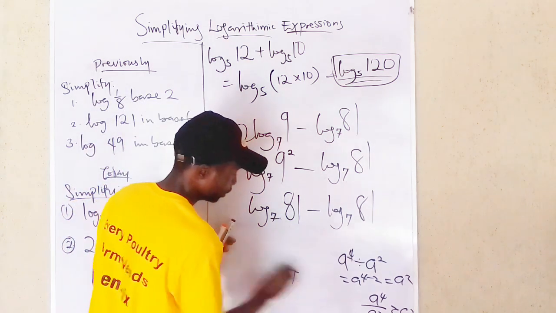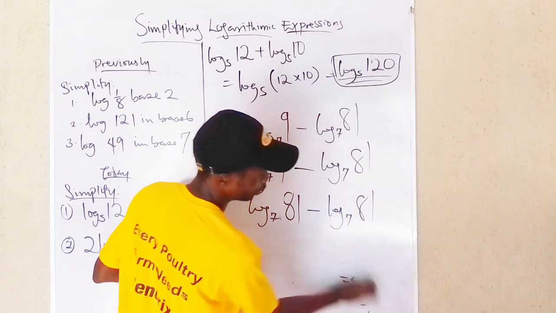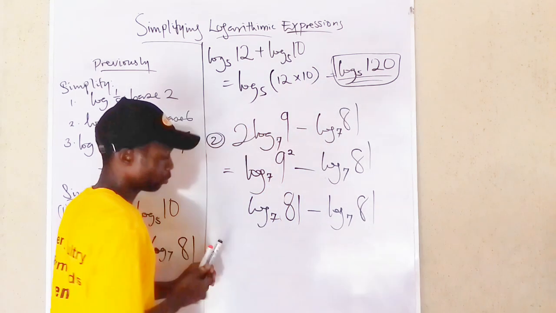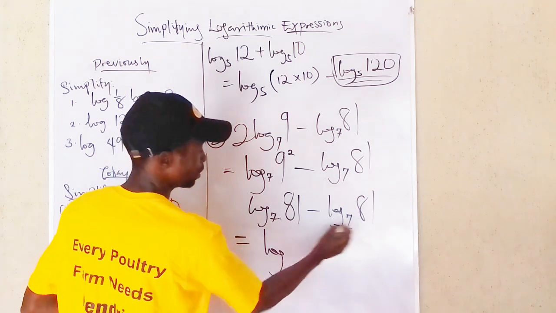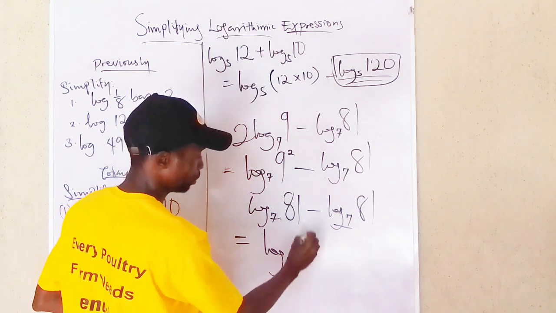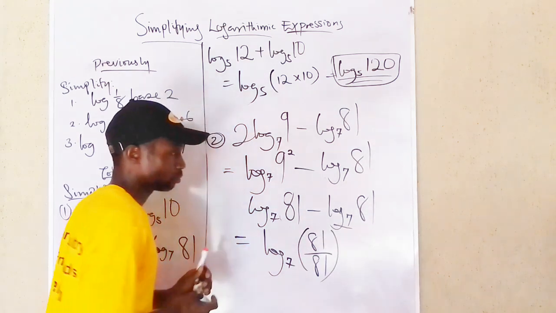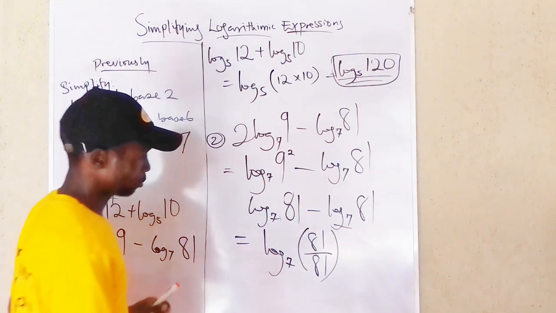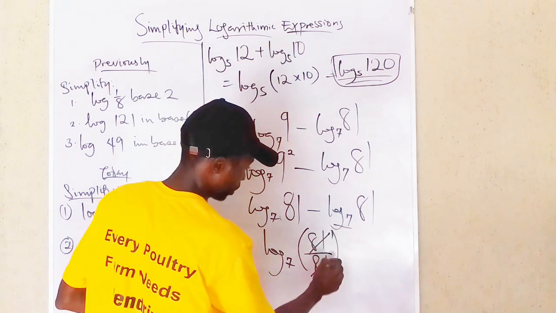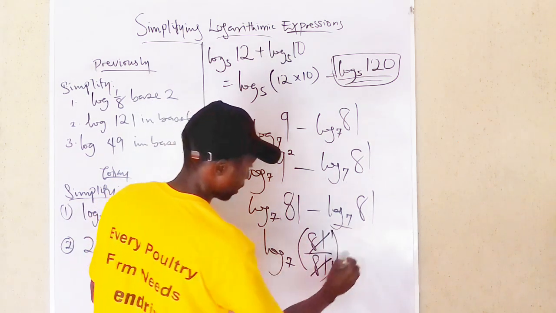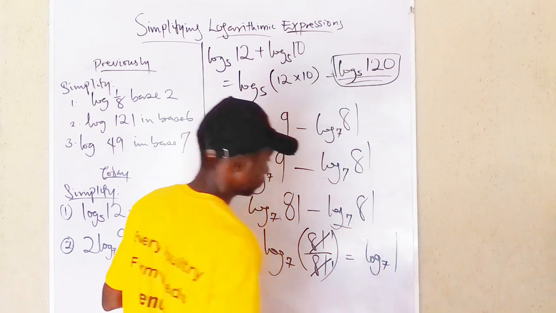With this rule in logarithm, since both of them have the same base 7, we use one of them as 81 divided by 81. So 81 over 81 gives 1. So what do we have? We have log in base 7 of 1.